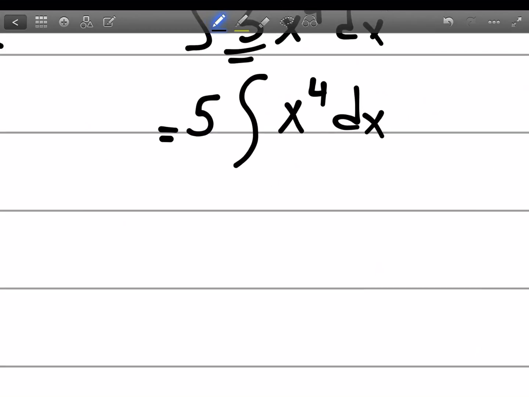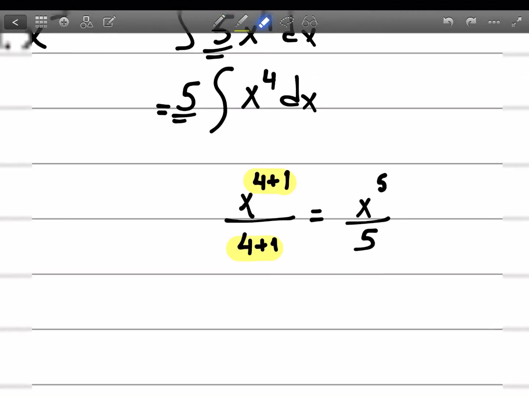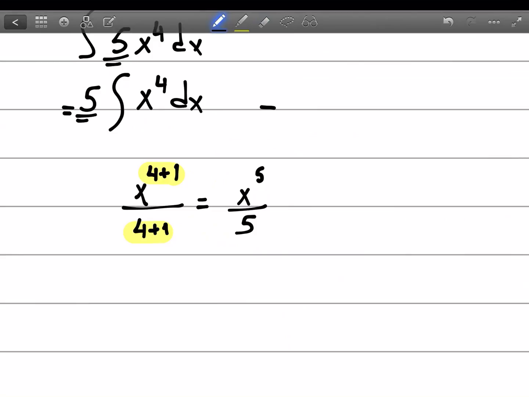We have to add 1 to the power and divide by the whole power. What does it mean? x to the power 5 over 5. We already have 5 here. Then we can write 5 times x to the power of 5 over 5.